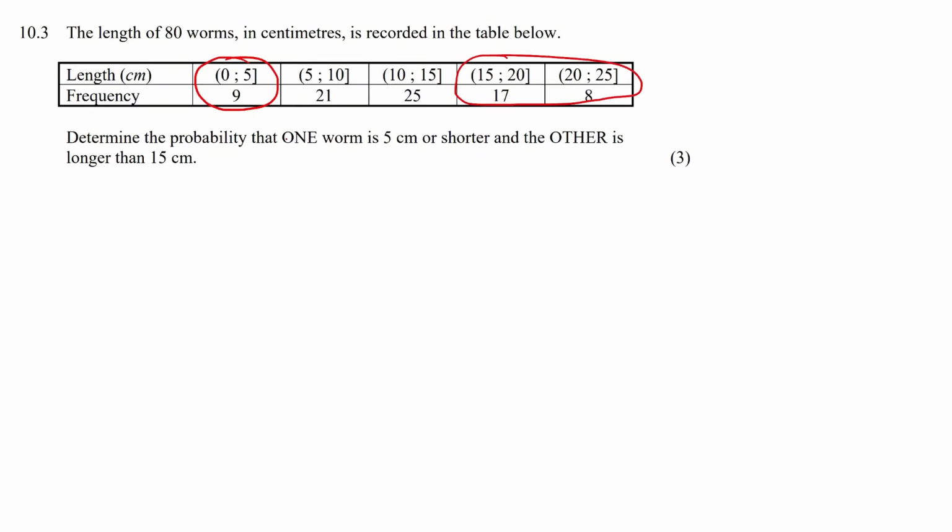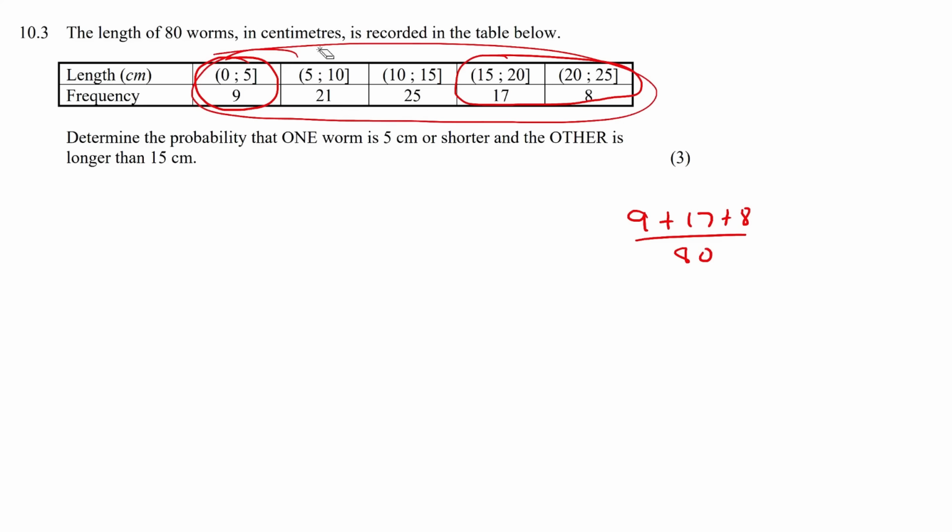Now, you can't just go and say this plus this plus this, because that doesn't tell us that they actually chose a worm that was shorter than 5 centimeters. If you just added those numbers together, you would have said 9 plus 17 plus 8 over 80. But that is just saying, what is the probability that you choose a worm that is somewhere in this category?